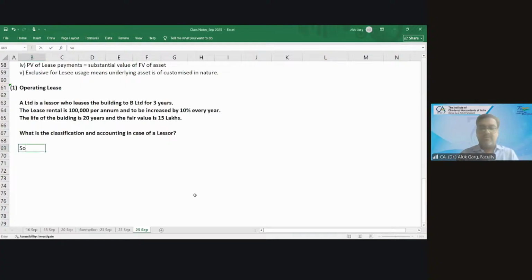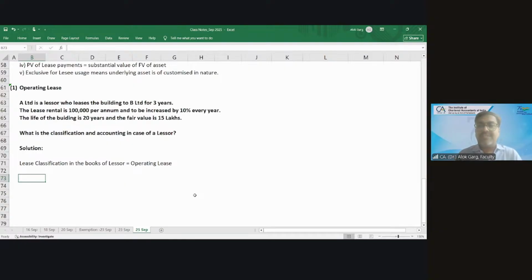Solution. Lease classification in the books of the lessor is an operating lease. Now, what accounting will the lessor do?